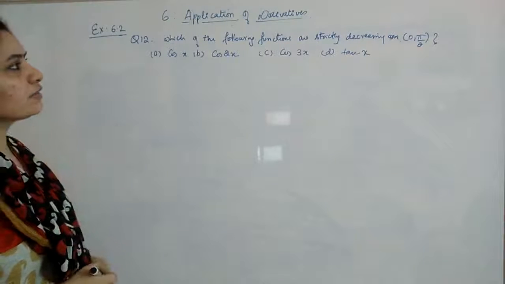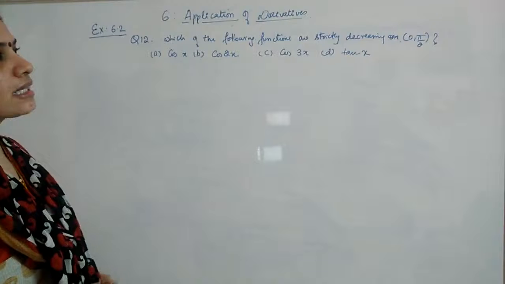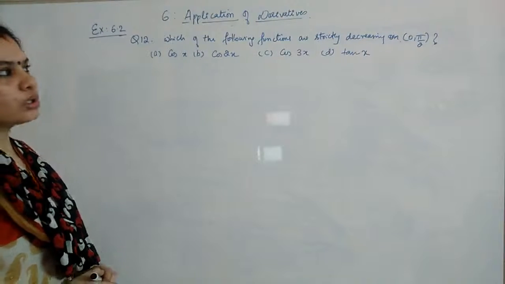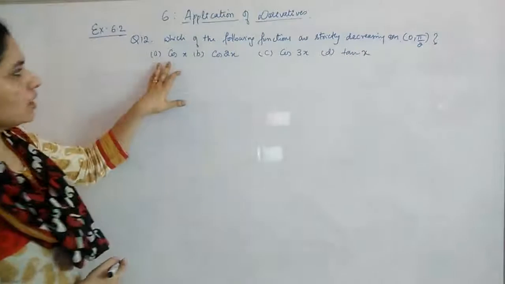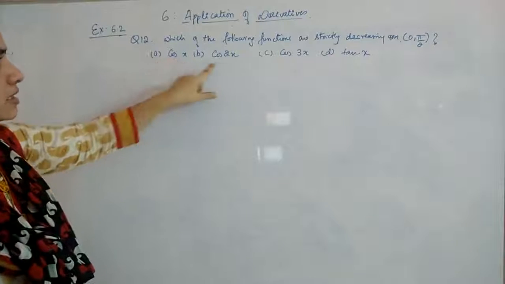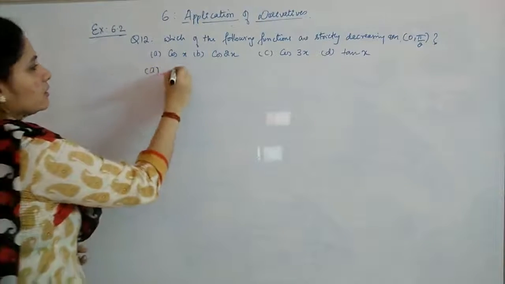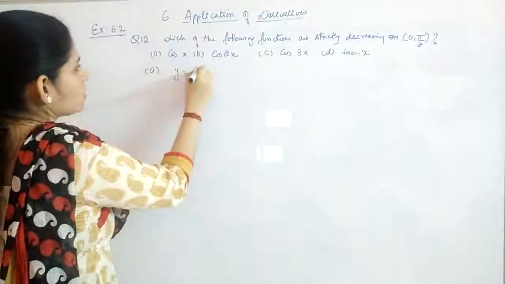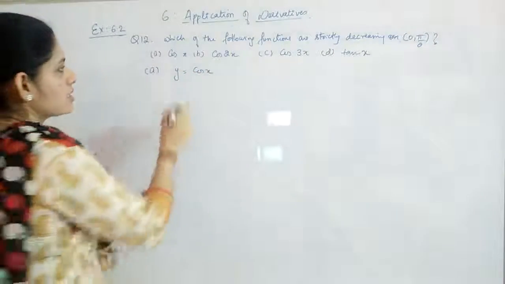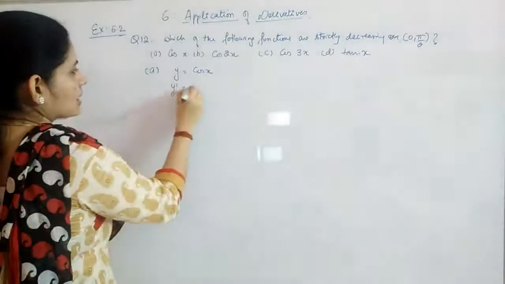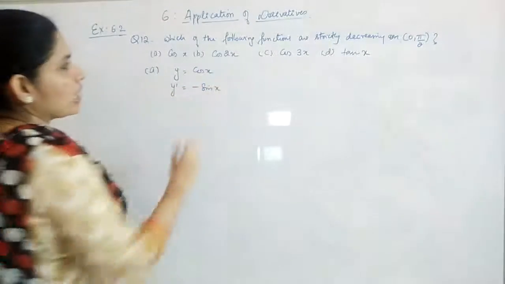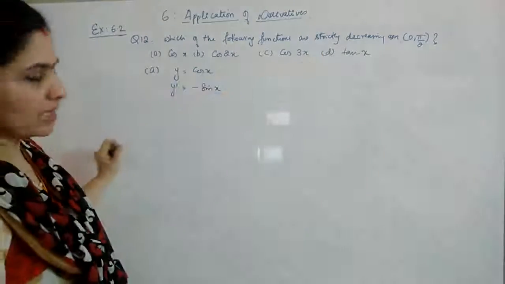12th question is, which of the following functions are strictly decreasing on 0, pi by 2? You have as options cos x, cos 2x, cos 3x and tan x. So from the first one, you are substituting y as cos x, or f of x equal to cos x. What will be y dash or dy by dx? Minus sin x. Now you have to check in the interval 0, pi by 2.